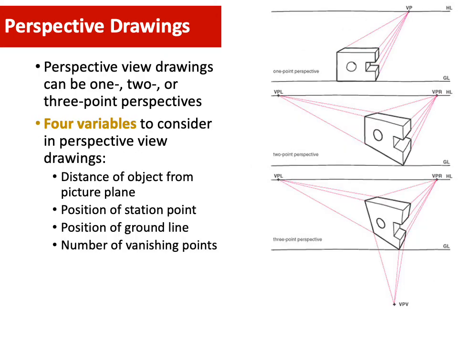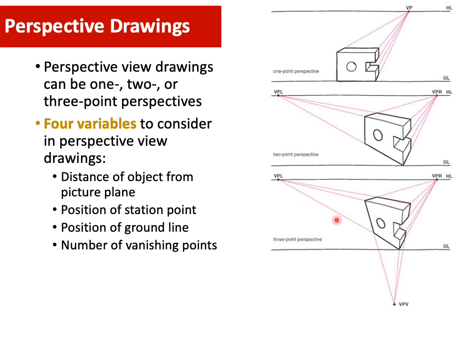The perspective view drawing can have one, two or three point perspective. It can have one VP, or two VPs, VP right and VP left, and this is two-point perspective.